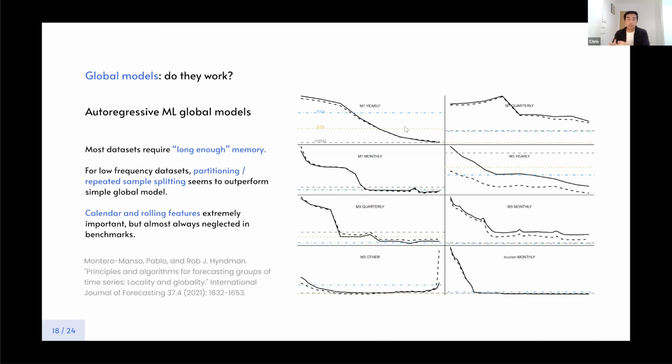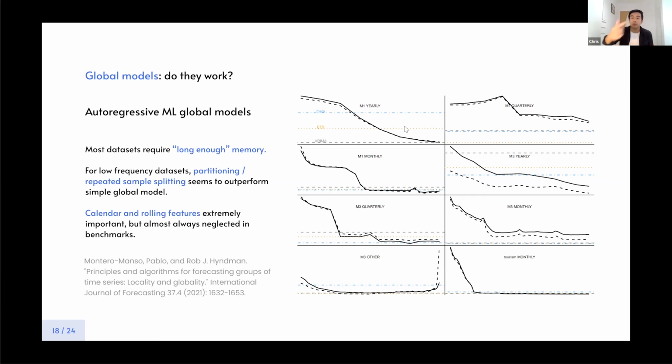It is extremely important to have calendar features, essentially time fixed effects, and also rolling features, for instance rolling moving averages, moving standard deviation, and momentum. You see this also in, say, the M5 competition, where these features are probably the critical features that gave a 20 to 30% boost in accuracy compared to classical models like ETS and ARIMA.